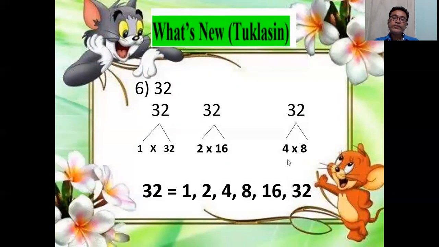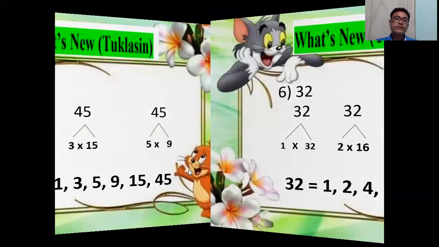And we also have 4 and 8 are factors of 32. So the factors of 32 are 1, 2, 4, 8, 16, and 32.